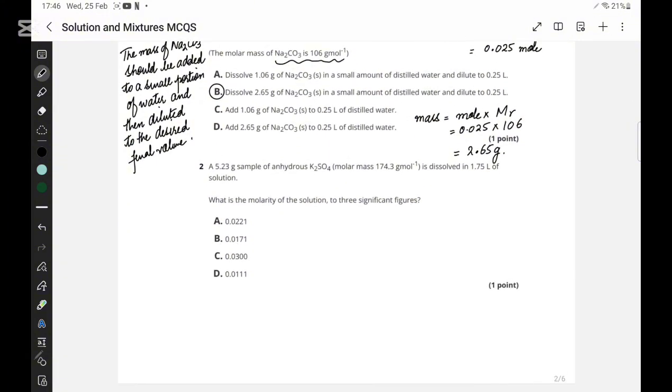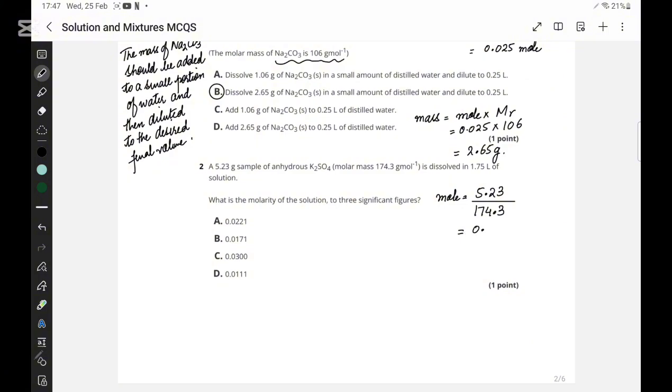In the next question they are saying a 5.23 gram sample of anhydrous potassium sulfate is dissolved in 1.75 liters of solution. What is the molarity of the solution? First we are given the mass, so let's find the number of moles. Mole is equal to mass by molar mass. Mass is 5.23 and molar mass here is 174.3 for anhydrous.